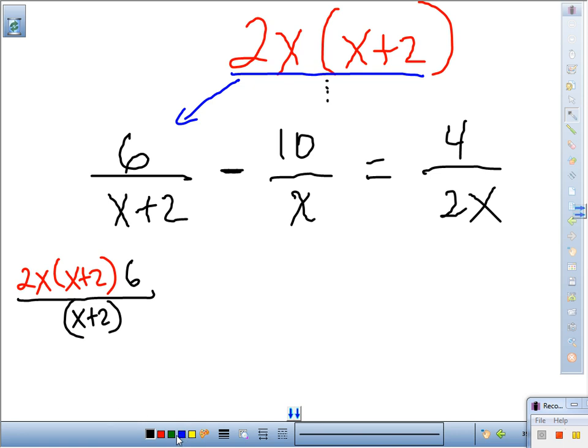Okay, next, I'm going to multiply this now times the second term. So what do I write again? 2x, x plus 2. And what do I have here left? Times negative 10. Because the negative goes with that. All that over x.